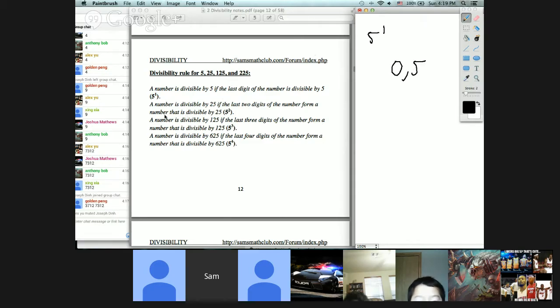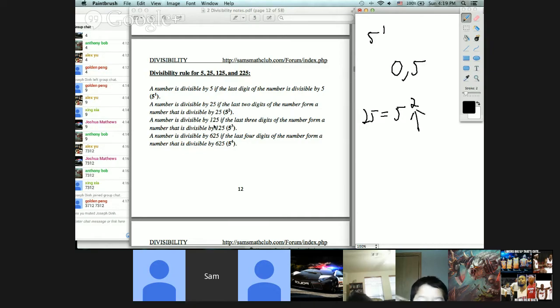Okay, so a number is divisible by 25 if the last 2 digits of the number form a number that is divisible by 25. So 25 is equal to 5 squared. So that's where you know to use the last 2 digits. Same thing for 125.